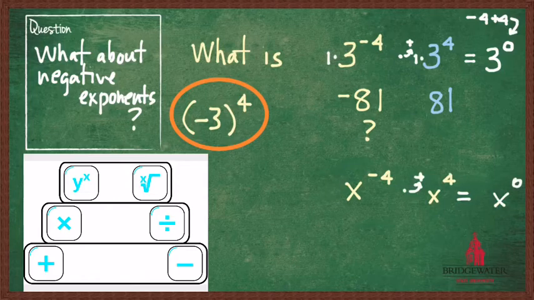The first observation is that the base remains the same when you multiply these powers together. So we end up with some number of powers of 3 when we multiply 3 to the negative 4 and 3 to the 4. Specifically, how many powers of 3 do we end up with here? None. So before we can talk about negative exponents, we have to make sense of an absence of exponents. What does it mean to raise a number to the power 0?